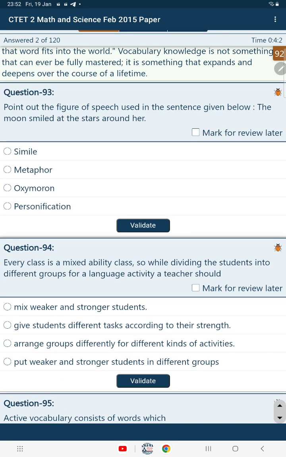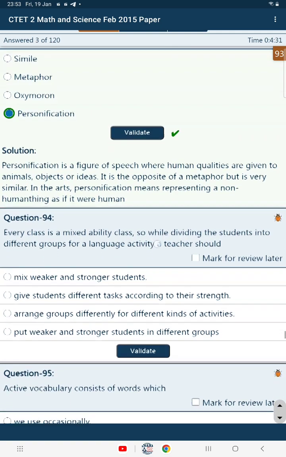Rohit, point out the figure of speech used in the sentence given below. The moon smiled at the stars around her. Simile, metaphor, oxymoron, personification. So this is personification, the correct one.